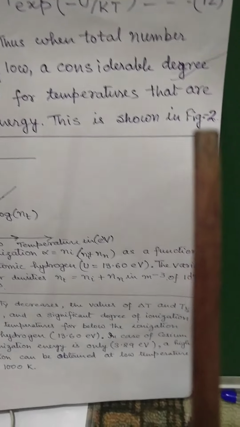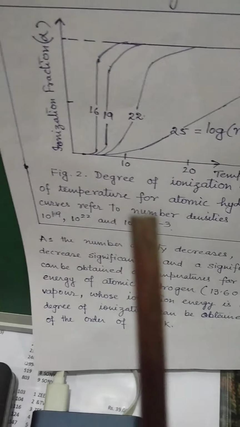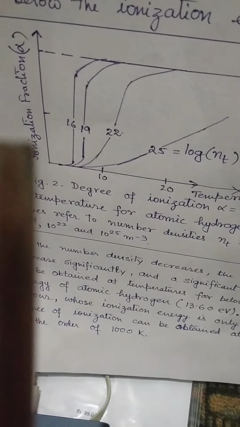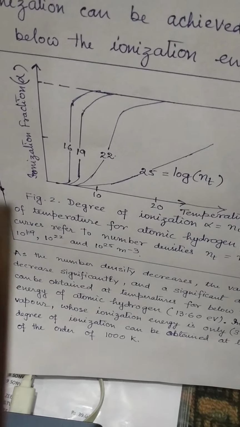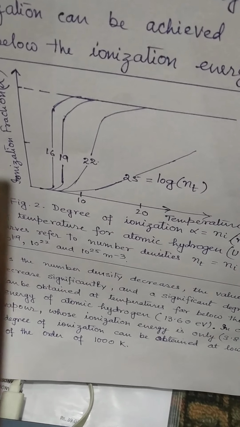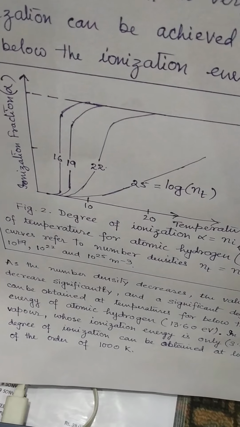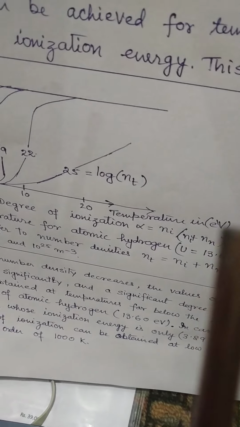This is shown in figure 2. Now this is figure 2. Along the y-axis we have taken the degree of ionization fraction, that is alpha, and along the x-axis we have taken temperature in electron volt.